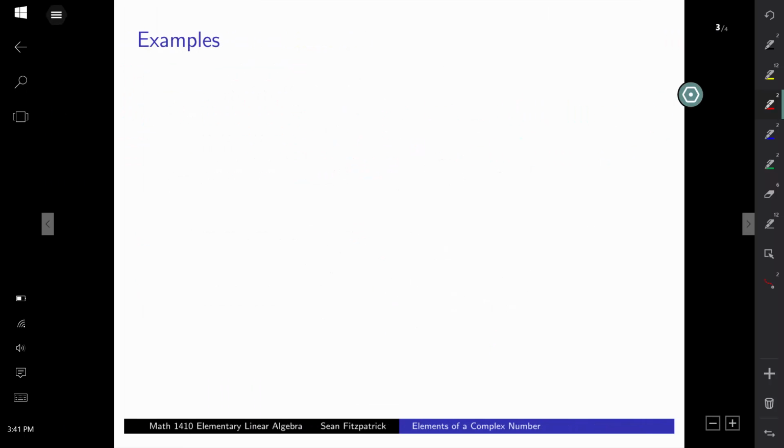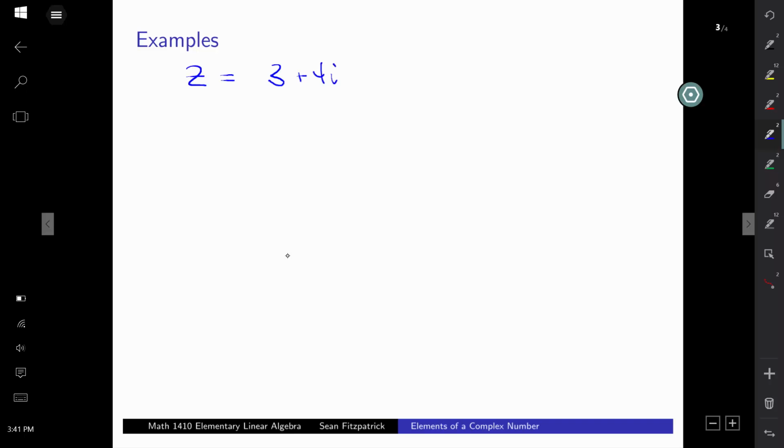All right. So let's just do a couple of examples so we can get a feel for things. So let's say z is equal to 3 plus 4i.